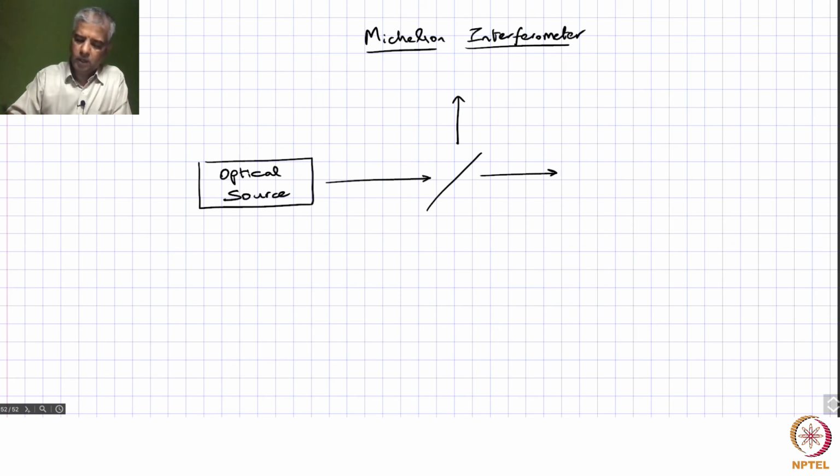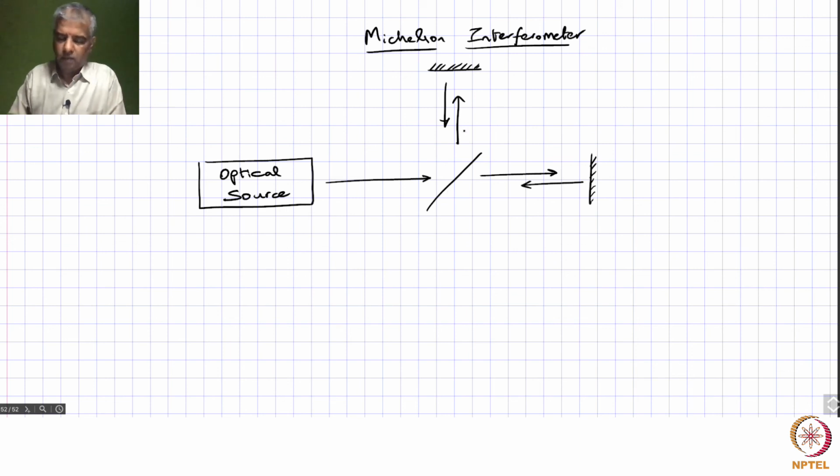Let us say you put a mirror over here, and then another mirror over here that just bounces the light back in the same path. So the mirror will bounce it back like this, and they both will come together. Of course, part of the light will go this way, but we are not interested in that. Let's say we are looking at this light.